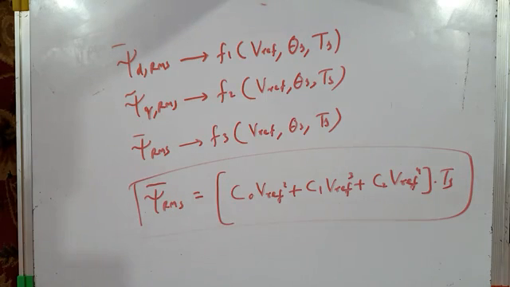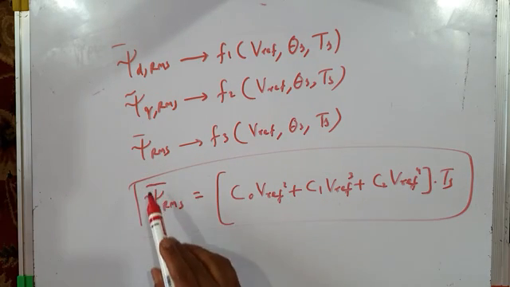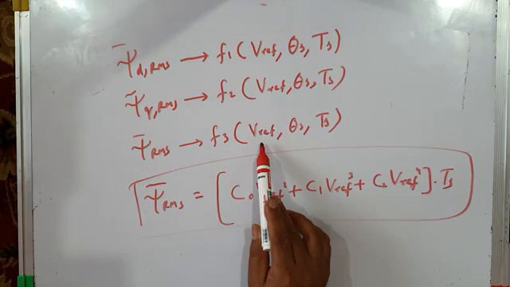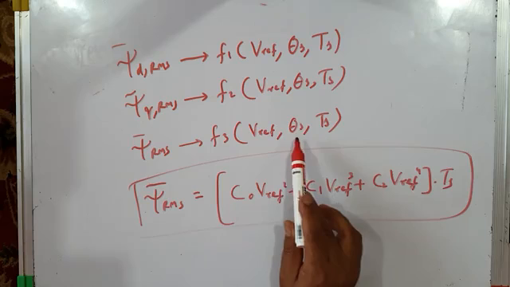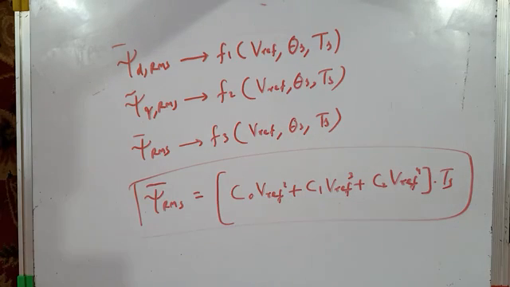Okay, and finally how to find the total stator flux ripple. And then we have also seen that the stator flux ripple is a function of three parameters: rotating reference vector Vref, spatial angle theta s, and subinterval time ts. And finally, this psi RMS can also be written in the form of this equation.